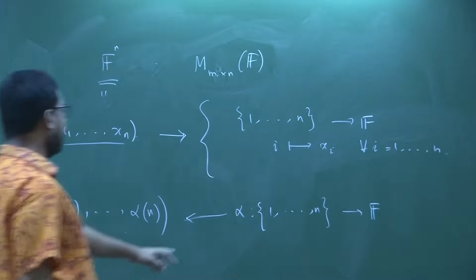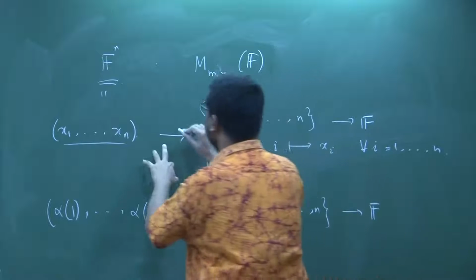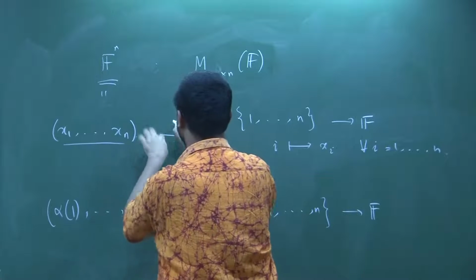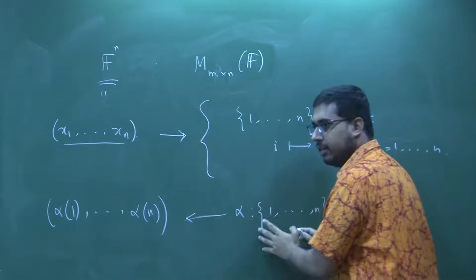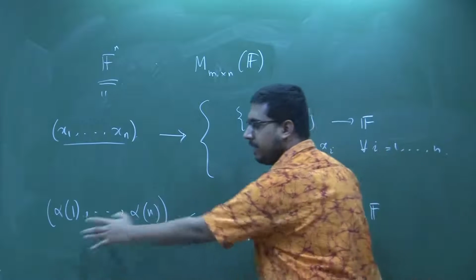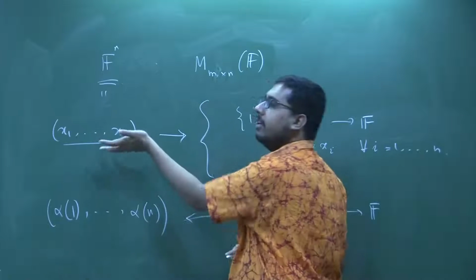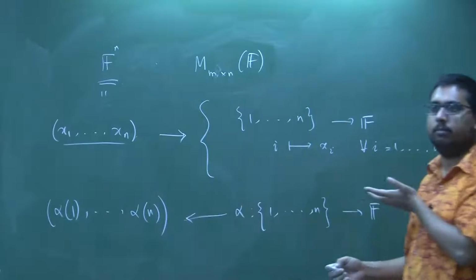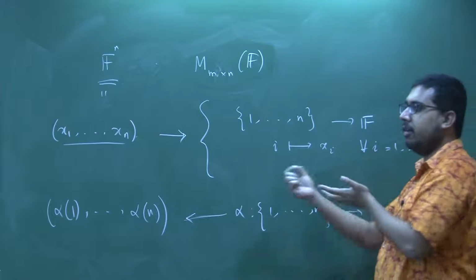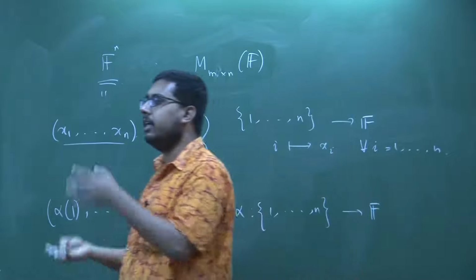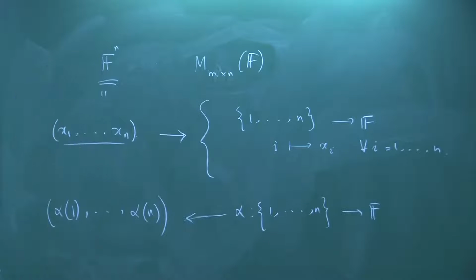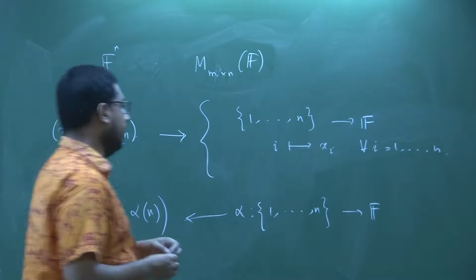Similarly, start with a map. So, we have in a sense two different mechanisms, mechanism 1 and mechanism 2. Start with a map, apply the second mechanism to get a tuple, and then on that tuple you apply the first mechanism and construct the map. Then you will see you have arrived at the map that you started with. So, these two processes are inverse to each other.